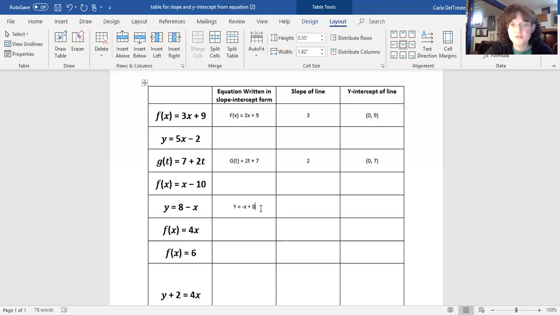You have to make sure that the sign stays with the term that it was attached to. What does that make the slope? That makes my slope negative 1, because there's a negative in front of the x. We know there's always an imaginary 1 there. And that makes my y-intercept 0, 8.